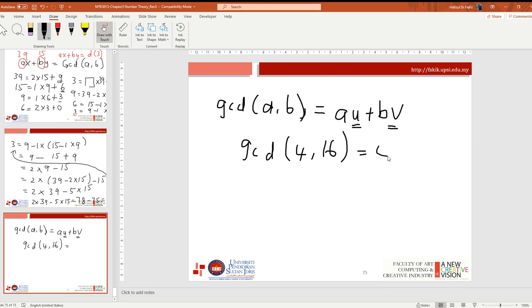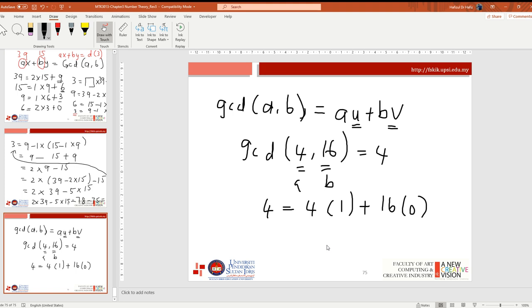GCD sama dengan 4. Jadi ini sebagai A, yang ni sebagai B lah. Jadi kita nak buat 4 sama dengan 4 kali 1 plus 16 kali 0 lah. 4 sama dengan 4 tambah kosong, 4 sama dengan 4 lah.